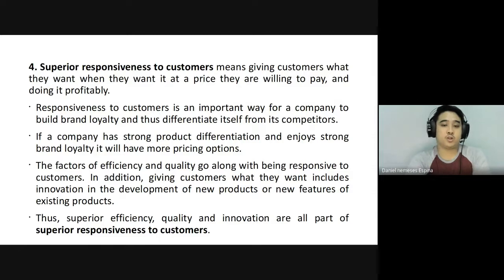So responsiveness to customers is an important way for a company to build brand loyalty, and thus further differentiate yourself from the competitors. A lot of companies are actually expensive, not because their products are quality, although yes, they are, but because they have already developed a brand.